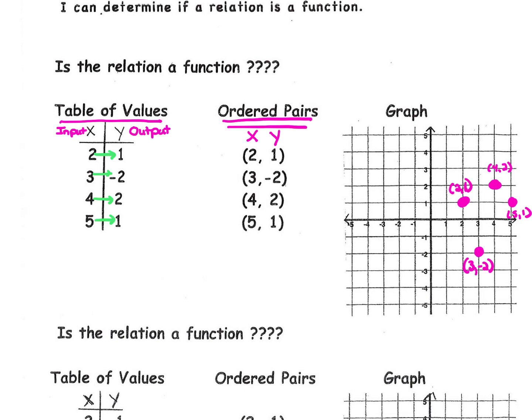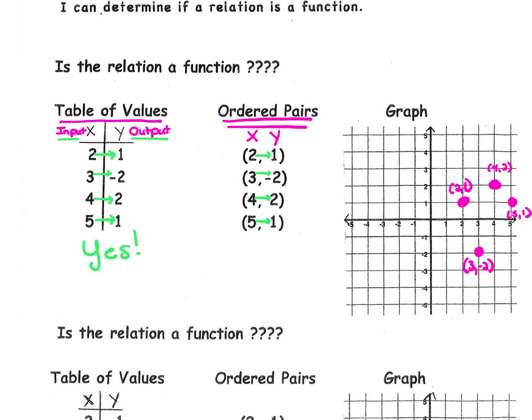Each one of these input values has a unique output value. So yes, this is a function. So the same is true for the ordered pairs. Each X only outputs one unique Y value.